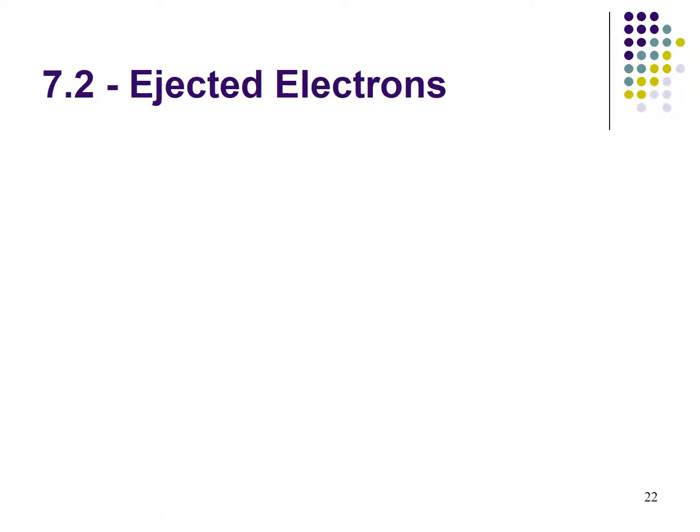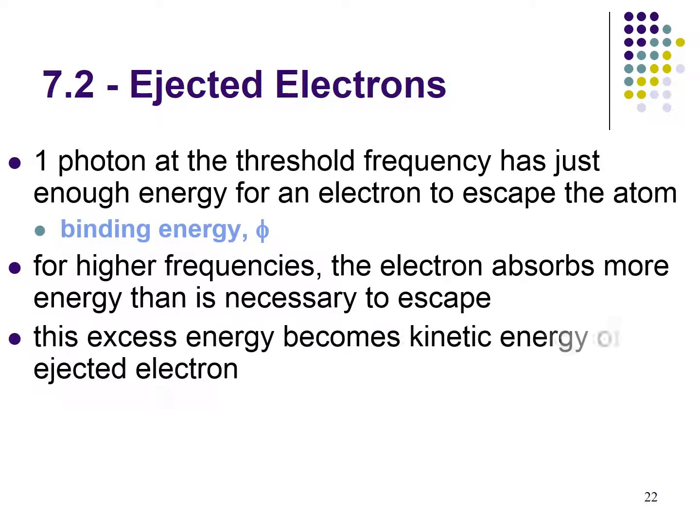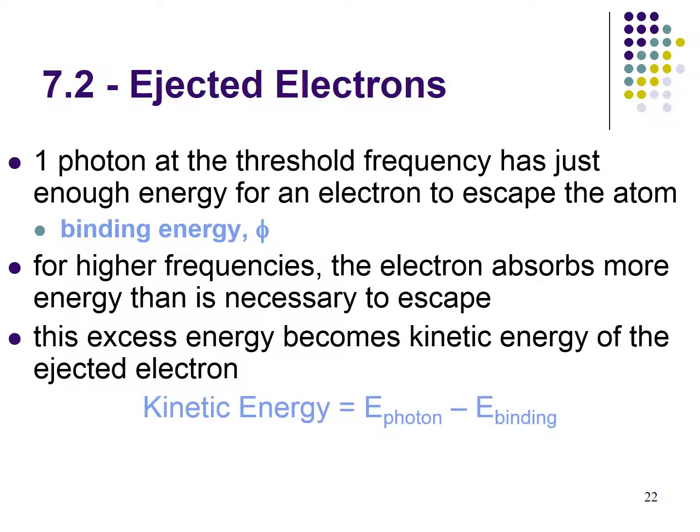Last slide. So looking at the photoelectric effect and the metal that's ejecting the electrons, one of the things that had to be overcome is what's called the binding energy. This is how much energy the electrons are using to hold on to that metal. So in order to escape, or in order to be ejected, the energy that they're taking in has to be more than the binding energy.